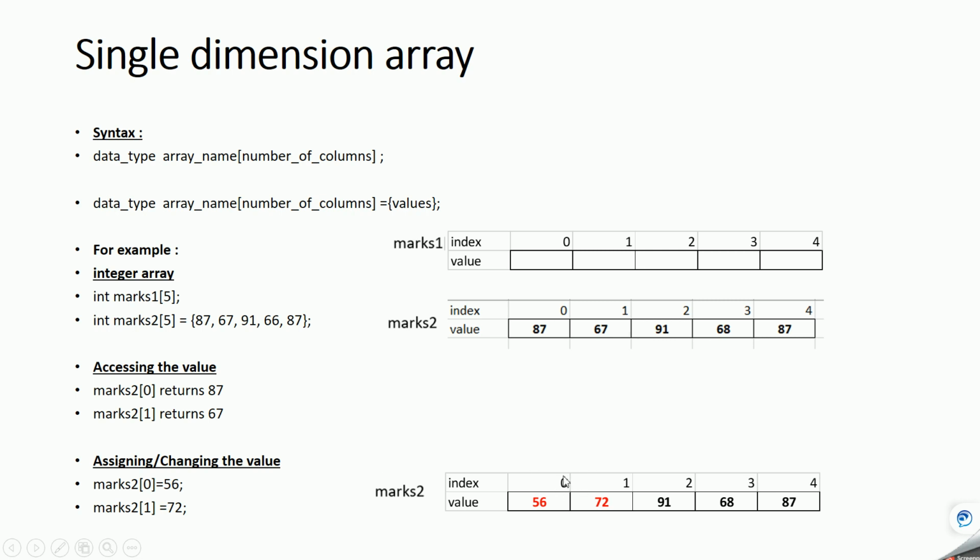So if you want to change the first value here, you will give equal to 56, whatever value you want. And now if you also want to change the second value at position 1, then you can change it like this. So this is how you can access the value and change the value. And always remember the array starts from 0 index.